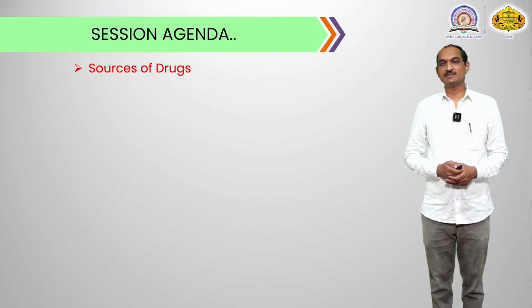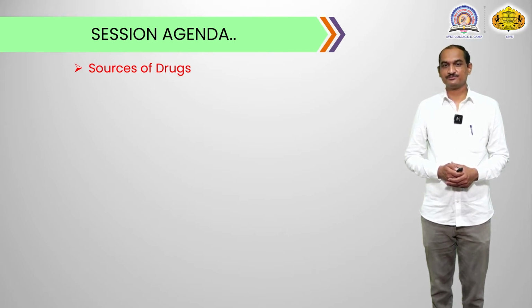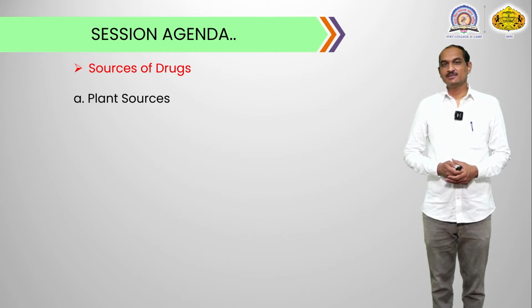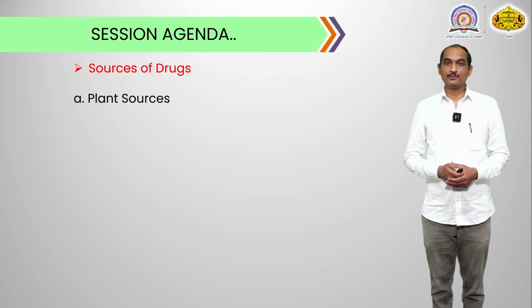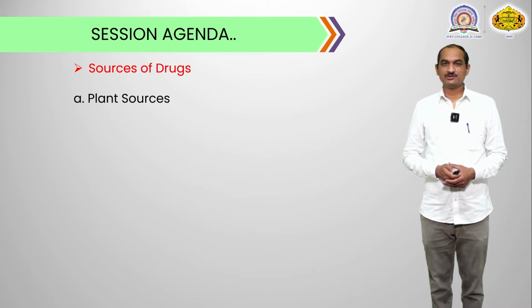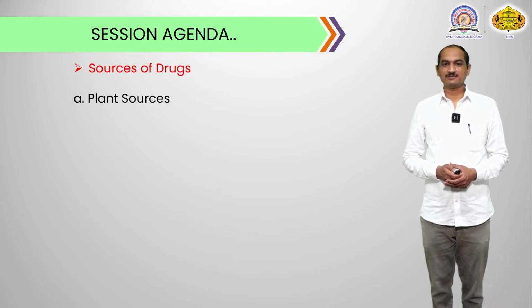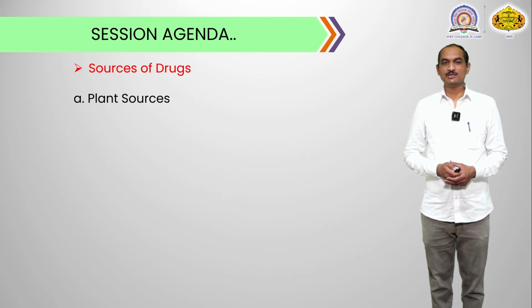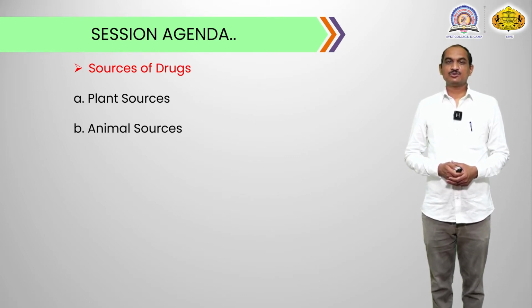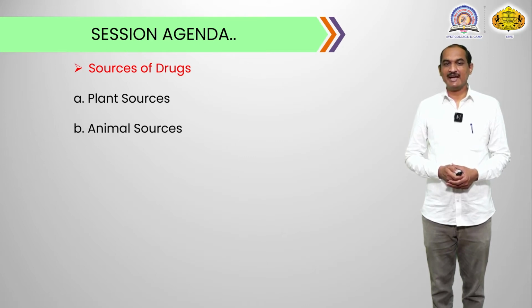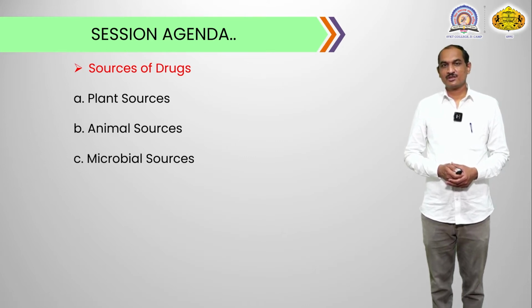We discuss the next point from the same chapter, that is the sources of drugs. In that, we will discuss different sources of drugs. First, the plant sources. Then, the next source for the drug is the animal source. Next one is the microbial source.